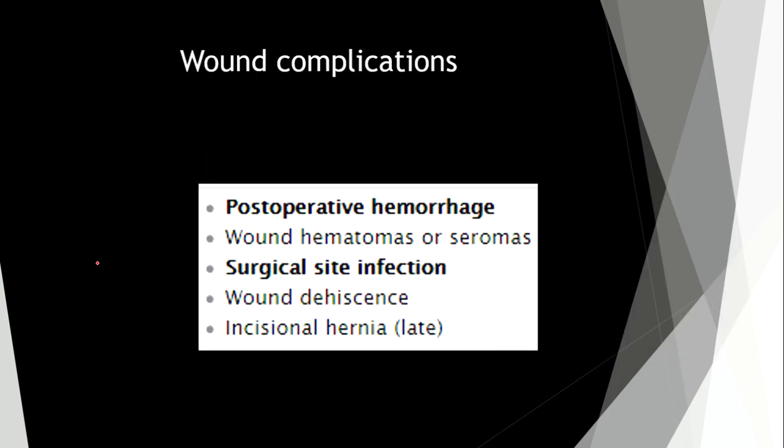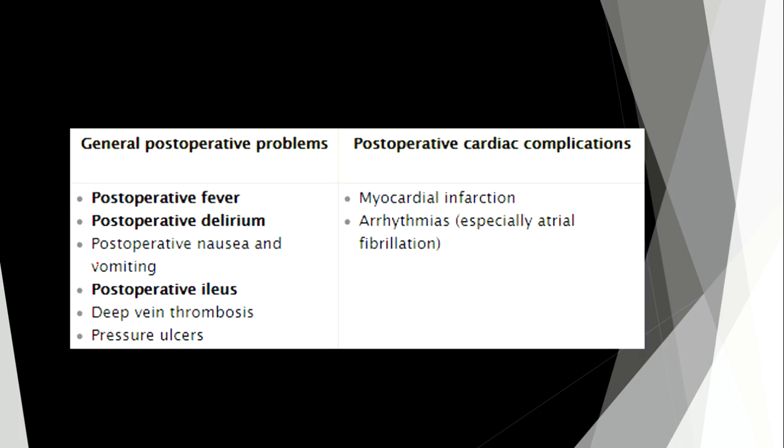Wound complications: postoperative hemorrhage, wound hematomas or seromas, surgical site infections, and wound dehiscence. Incisional hernia is a late complication. General postoperative problems: postoperative fever, postoperative delirium, postoperative nausea and vomiting, postoperative ileus, deep vein thrombosis, pressure ulcers, and postoperative cardiac complications, myocardial infarction, arrhythmias, especially atrial fibrillation.